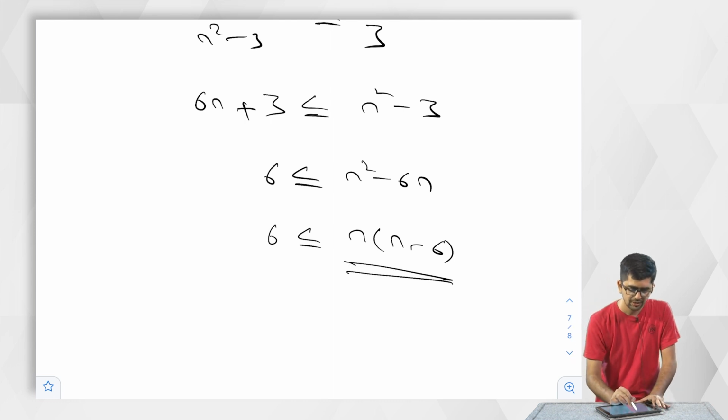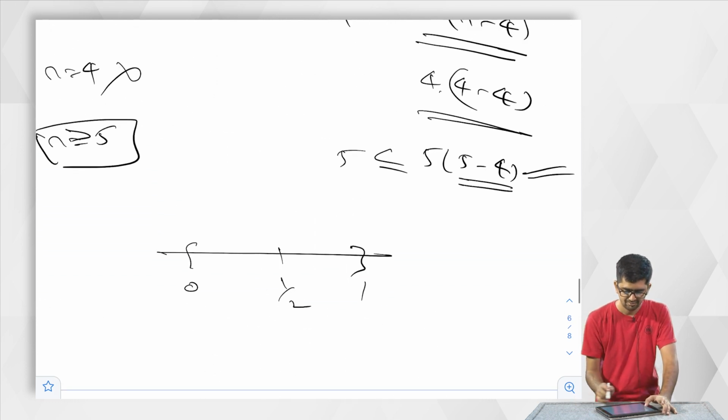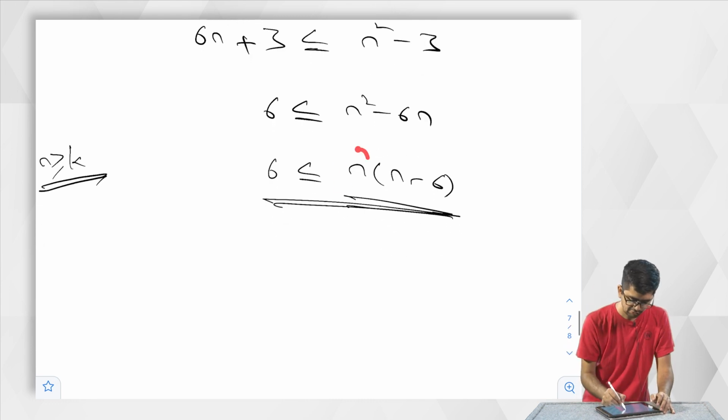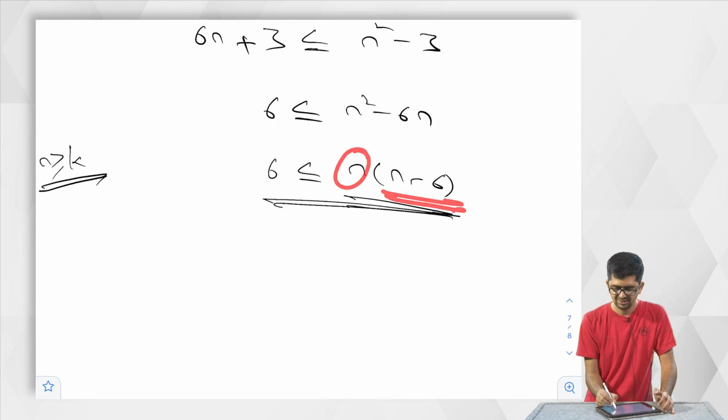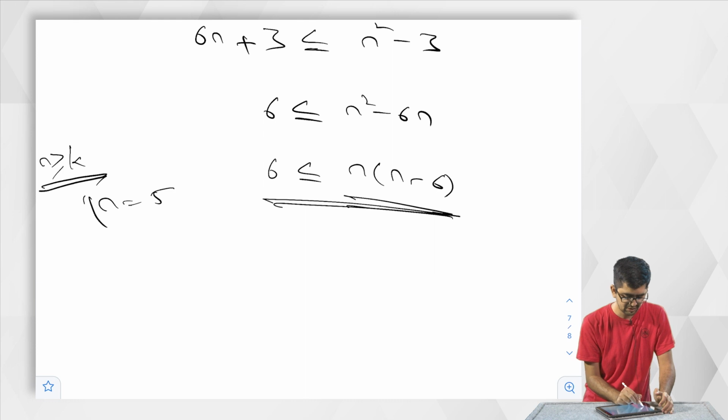Now can I find an element k such that for n greater than k we have this inequality? Let us check for 5. If n is equal to 5, 5 times (5 minus 6) is minus 5, so the inequality is not true; n equal to 5 is false.